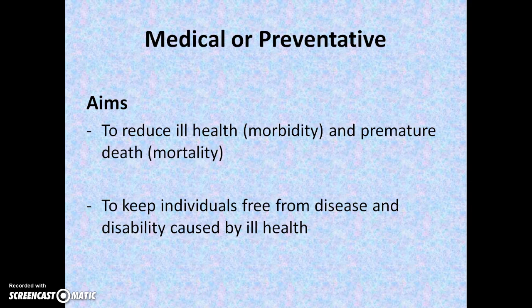You can use either of those terms in your coursework, but if you're going for a high grade, morbidity is a good term to use. It means ill health. And mortality is death. So medical measures try to keep us healthy by preventing disease and also preventing us from dying early. So that means keeping us alive and mortality rates low.